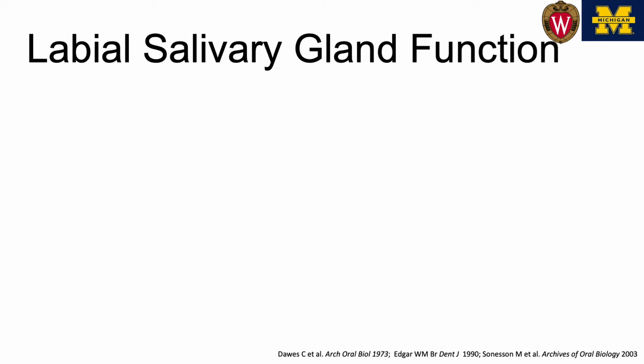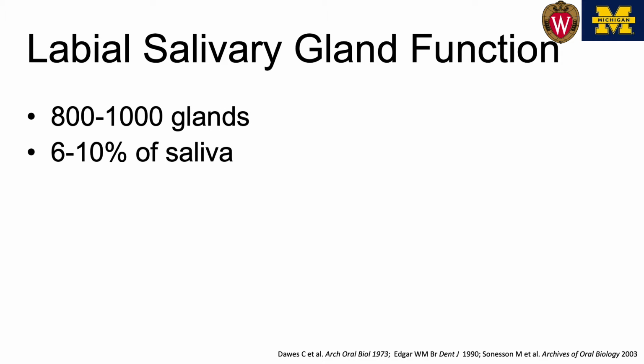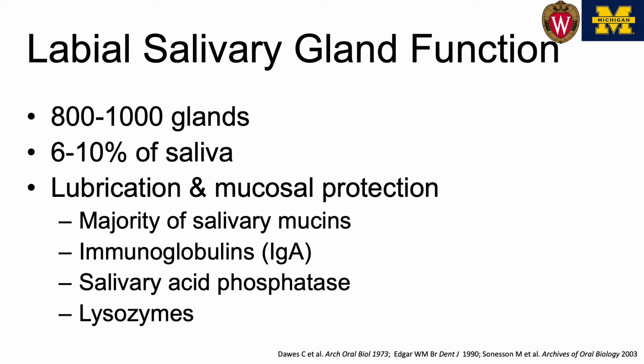What do these labial salivary glands do? Well, like I said, we know that you have about 800 to 1,000 of them. They produce a small fraction of your saliva, from 6 to 10%. The majority is produced by the major salivary glands and is produced with mastication.